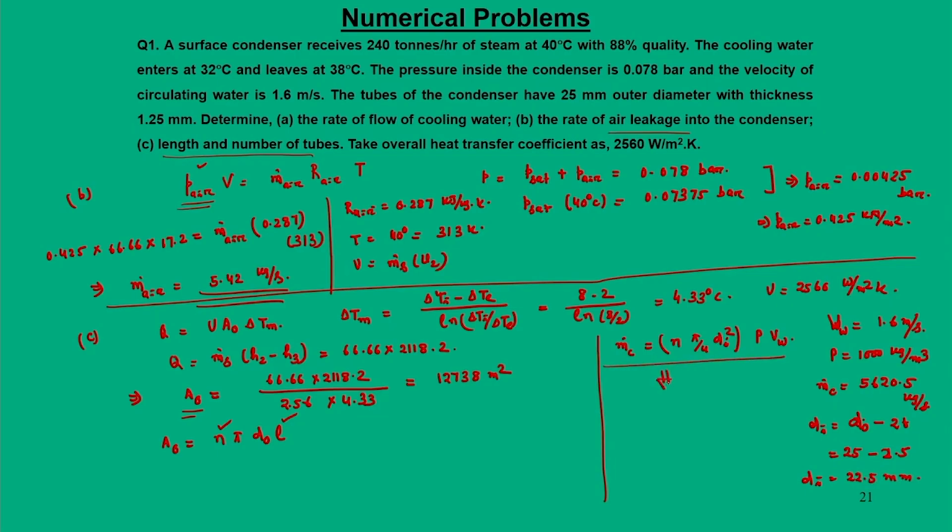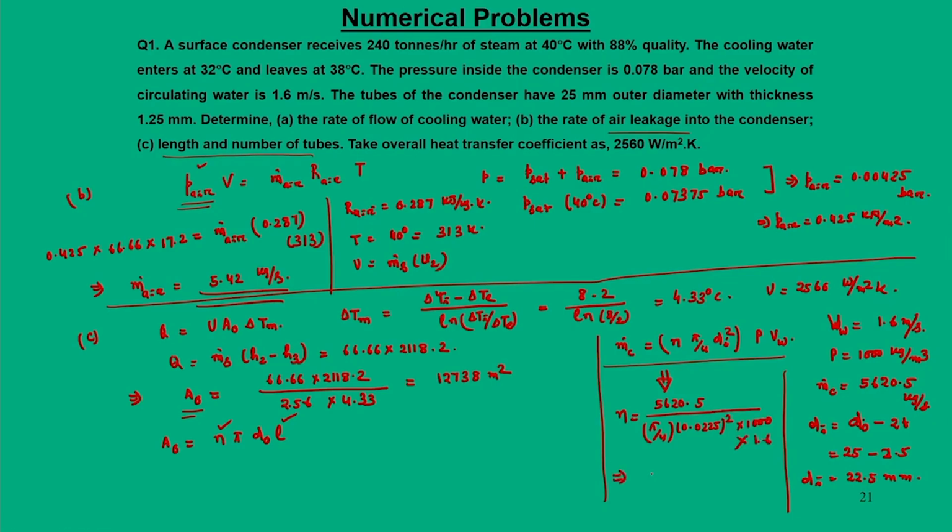So, the number of tubes is equal to 5620.5 into 4 divided by pi into 0.0225 square into 1000 into 1.6.